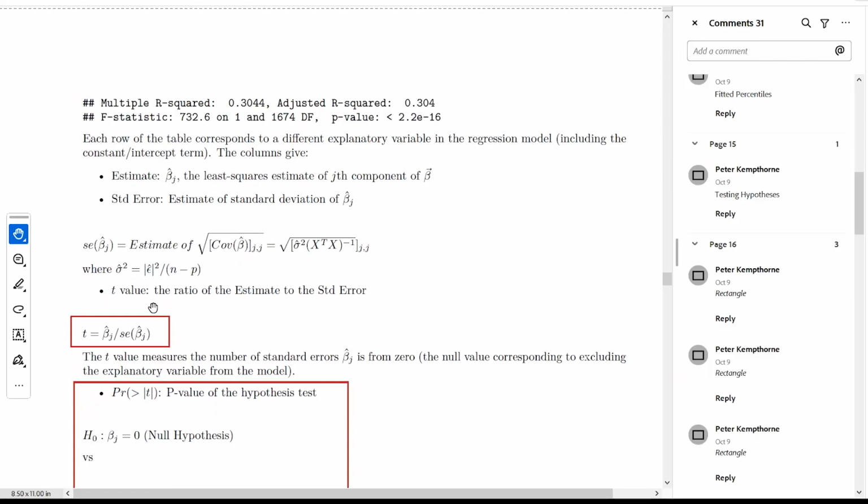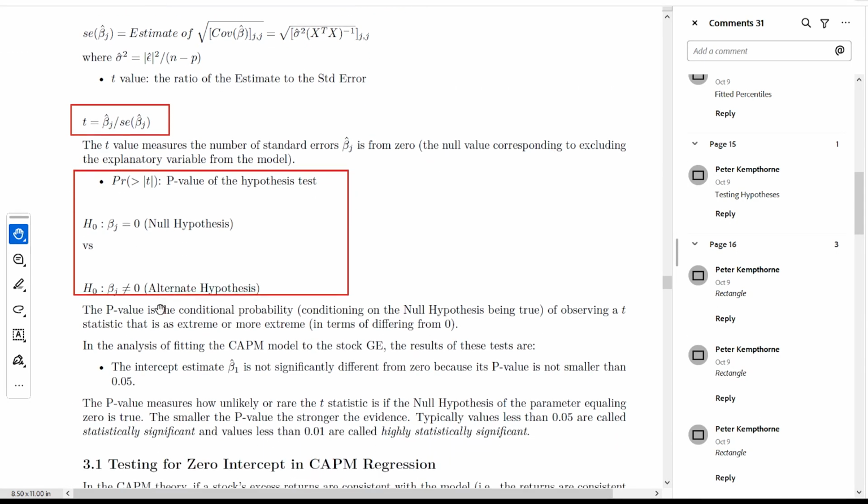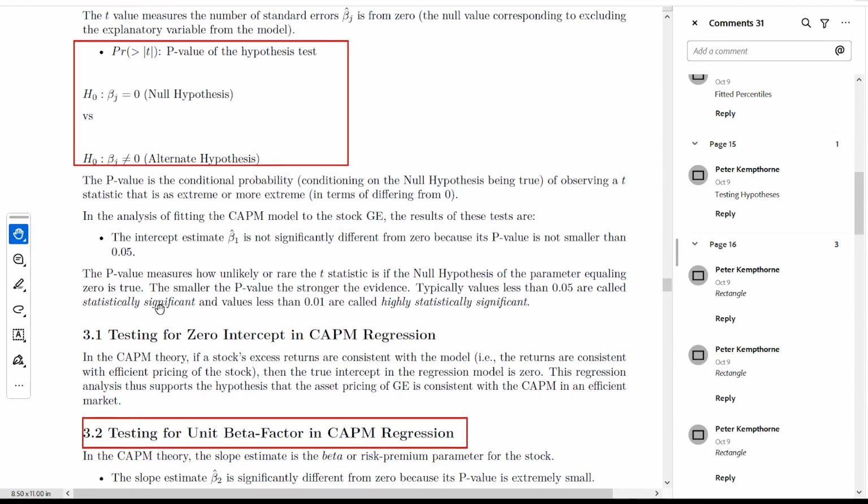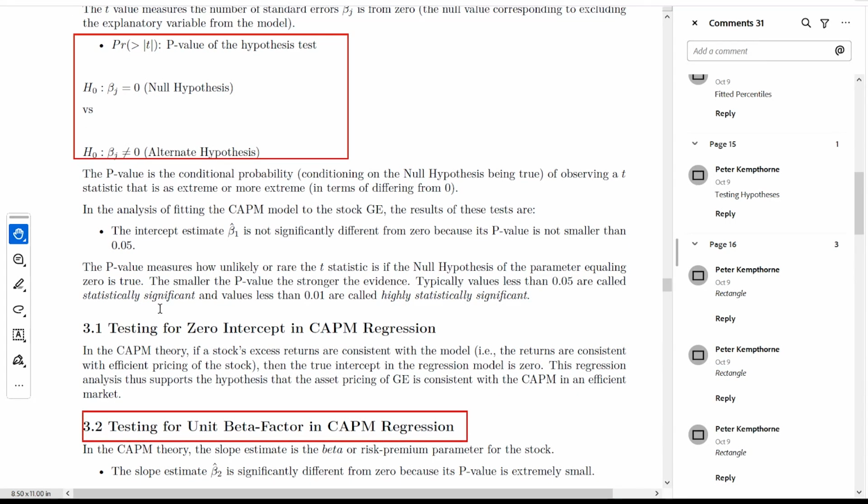of different regression parameters. So we have the t-statistics for testing whether a parameter value is 0 or not, and use the t-distribution to judge how statistically significant that is. In our capital asset pricing model case, we actually are interested in testing whether the alphas are 0 or not.